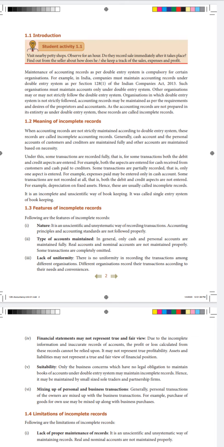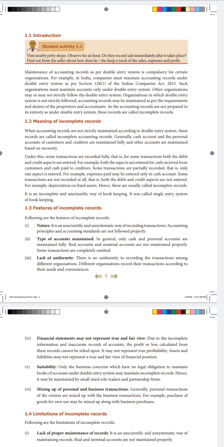In that case we are paying, which means cash is involved, and we are paying it to our supplier, so automatically the supplier name also will appear there, right? So in incomplete records, we will be maintaining only cash and the personal accounts. So whenever we have cash and personal account in a transaction, automatically that will appear in the incomplete records. Okay, this is the overall introduction about the incomplete records.